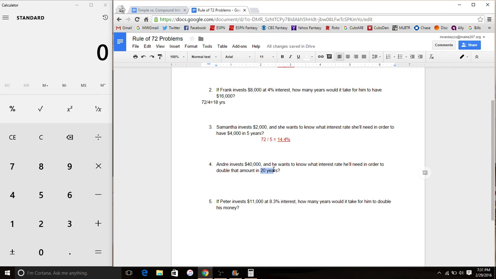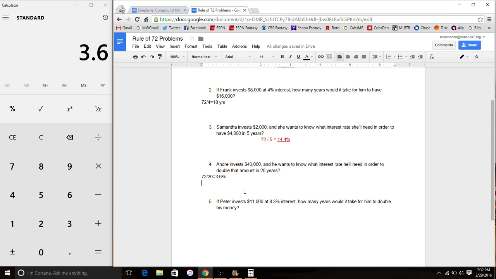Boom. 72 divided by 20 equals 3.6. So he needs a 3.6 interest rate percentage to double his money. So if he really wants to double his money in 20 years, which is a long time, he needs to find something with 3.6% interest.